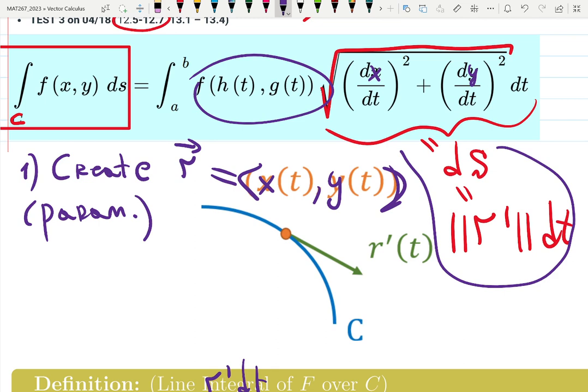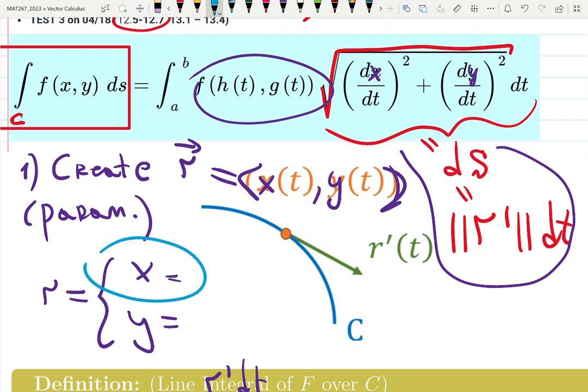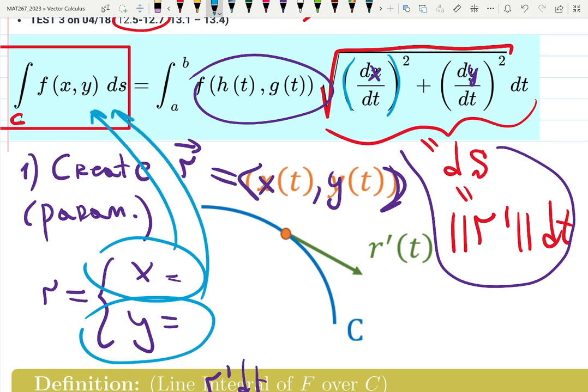In this case, R cosine t, R sine t, and R usually is given, so t is the parameter, called parametrization. Parametrization is not unique, but for circles, it's a very classical one. So when you have that R, it is x equals blah, blah, blah, and y equals blah, blah, blah. And then you take the first one, differentiate with respect to t, the second one, differentiate with respect to t, square each, add together, put a square root, and you put each of them into your original function to change it to be in terms of t. Did this answer your question?